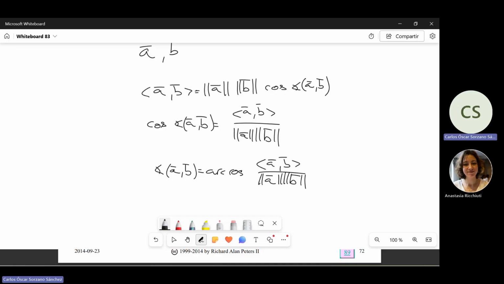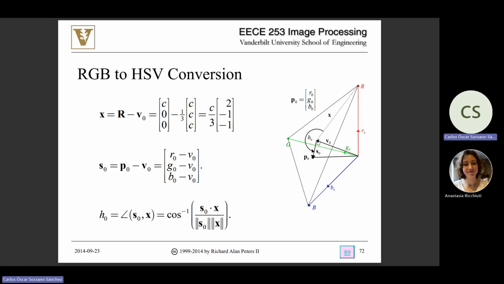And this is also written as cosine to the minus 1. Minus 1, not in the sense of 1 divided by cosine, but in the sense of the inverse function of cosine. Okay, very good.